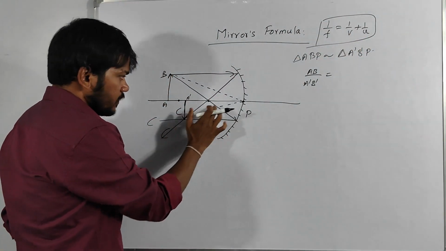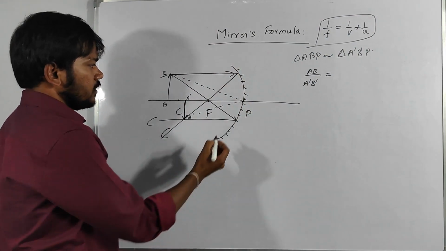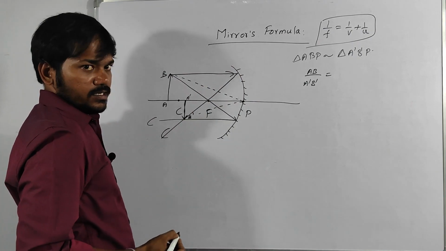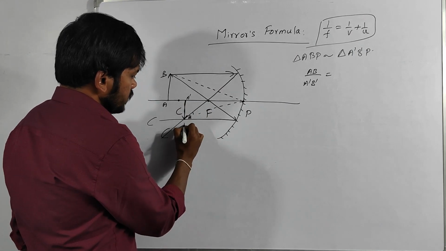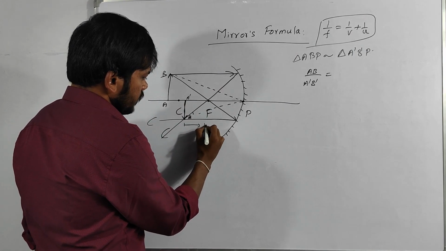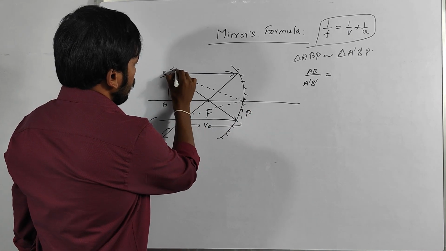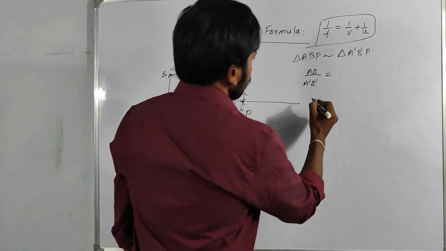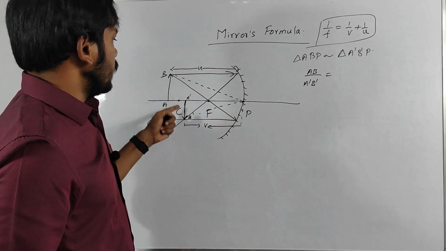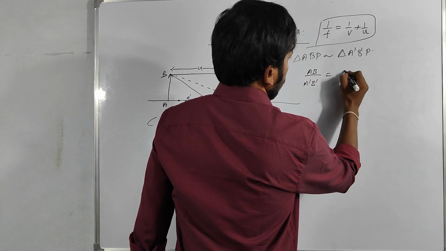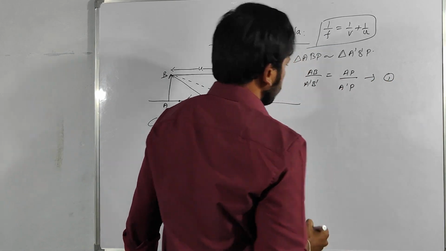That's why I have formed these right angle triangles with dotted lines. What is PA dash? It's the image distance V, and this is the object distance. So AB by A dash B dash is equal to AP by A dash P. Take this as equation number 1.